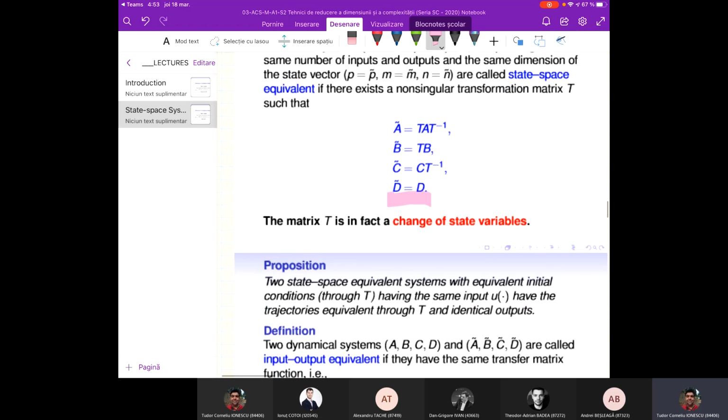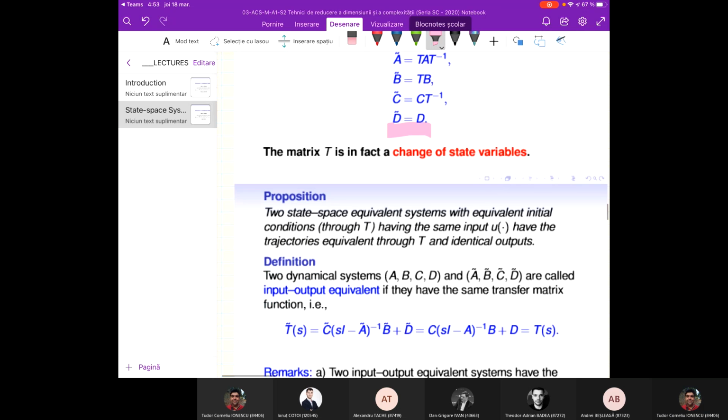So this matrix T is actually a change of state variables. We mix up state variables in such a form so the ABC are suitable to us. And we'll see the power of these coordinate transformations when we talk about structural properties of the ABCD matrices.